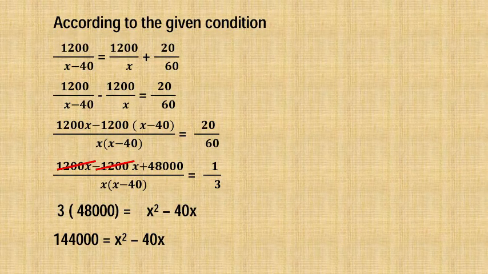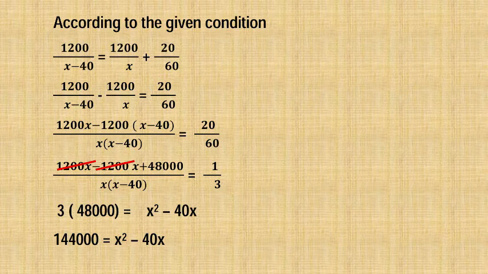Look at the condition. What the condition says here is, if the speed of an aeroplane is reduced by 40 kilometer per hour, it takes 20 minutes more to cover the distance. So what is the time taken by an aeroplane after the speed is reduced? That is 1200 by x minus 40.